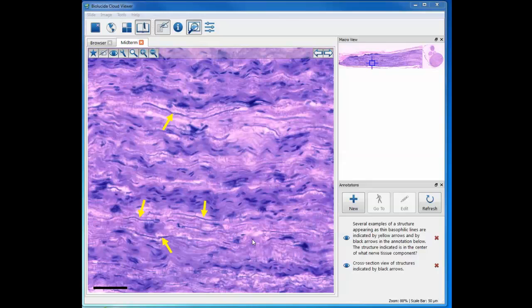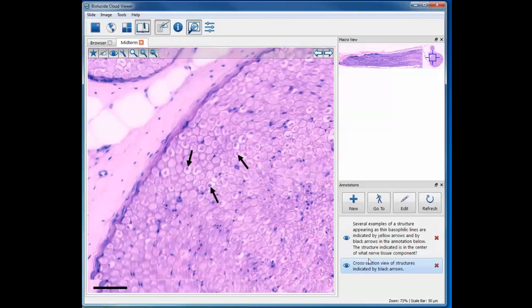This question presented a longitudinal section of peripheral nerve and a cross-section of peripheral nerve, indicating certain structures. And we asked, the structure indicated in the center is in the center of what tissue component? So we're pointing to these dark dots here in the center of a nerve fiber, and surrounding that is the myelin sheath.